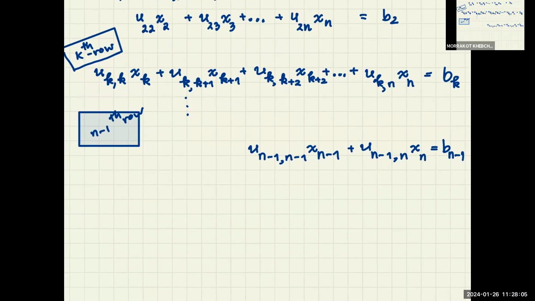And the last row, you have u nn x n equal to b n.